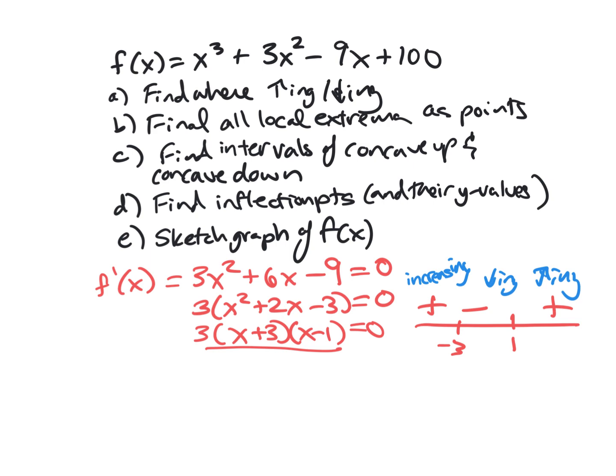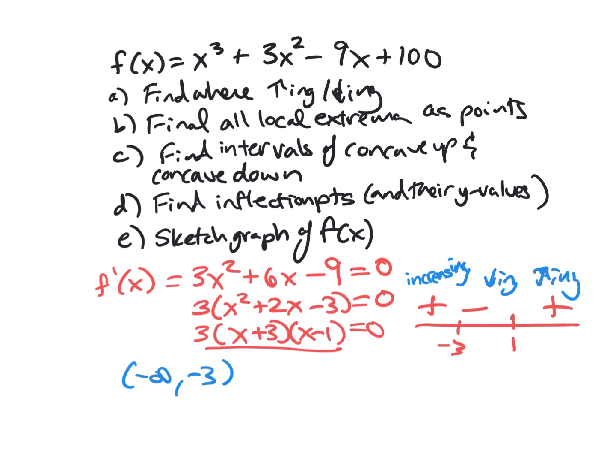What I mean by that is, in part A, it's increasing on the interval negative infinity until I get to negative 3. Oh, I'm looking at your answer right now, and I think you forgot to put the negative with the 3. So maybe change that. And it's also increasing on 1 to infinity.